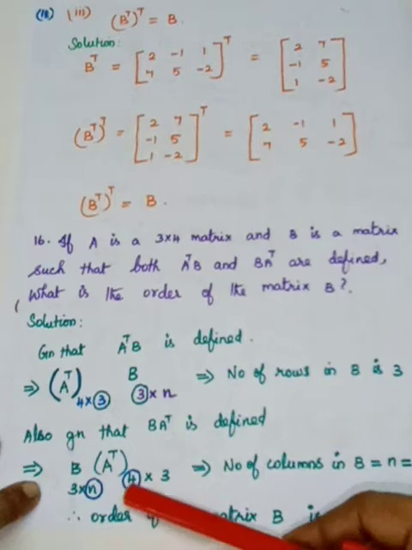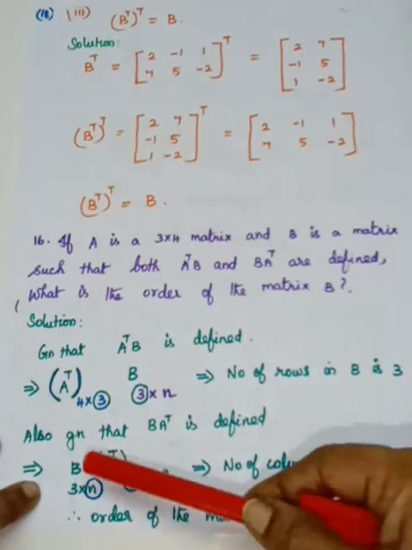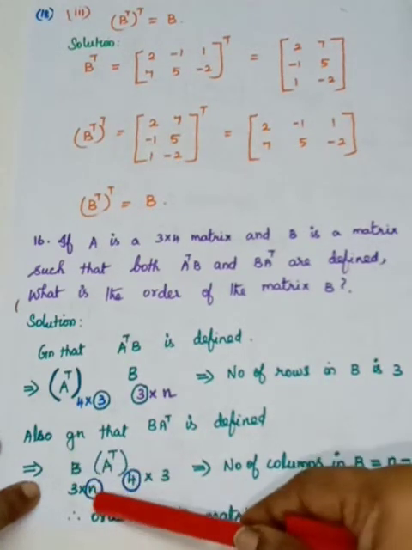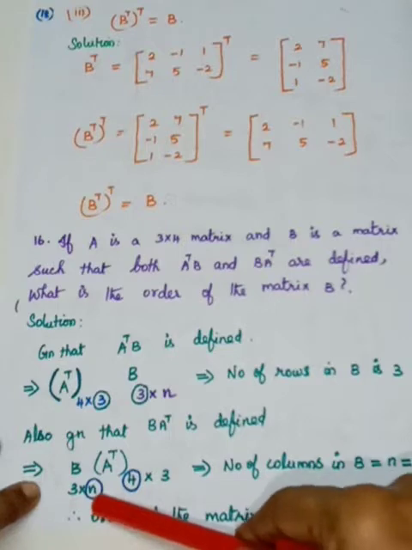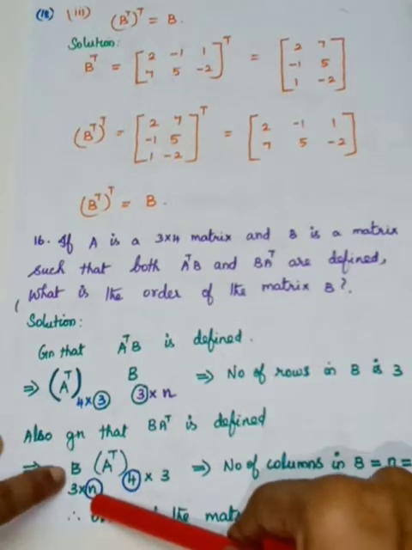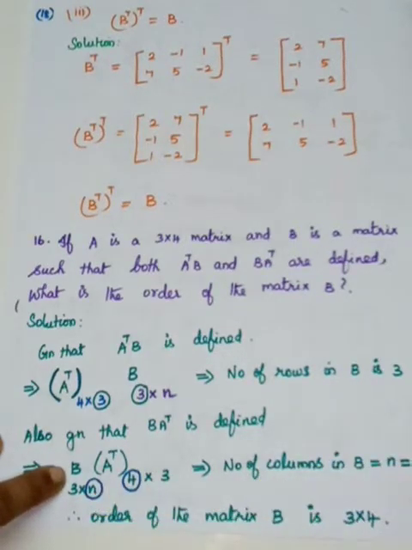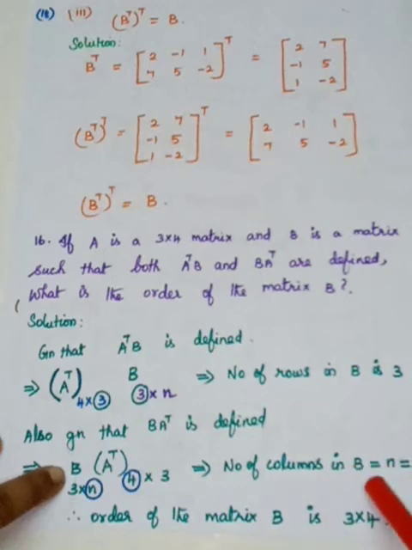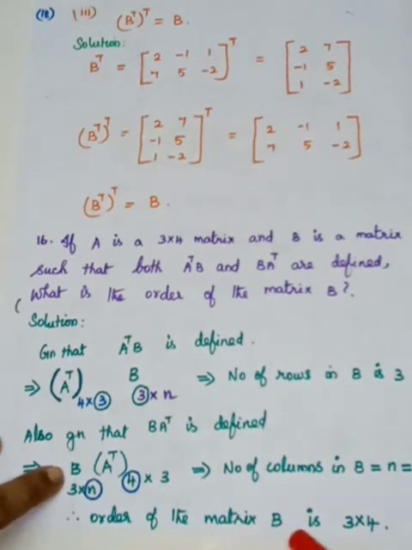The second matrix rows is 4, so that should be the number of columns of the first matrix. Therefore the B matrix column is 4, that is n is equal to 4. So now B matrix rows is 3 and columns is 4. So the order of the matrix B is 3/4.